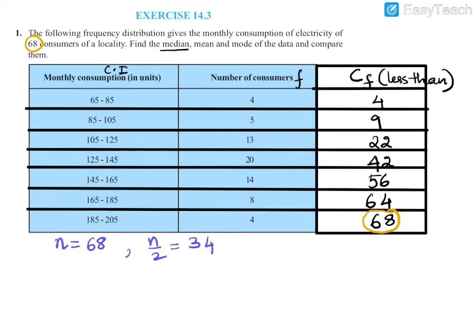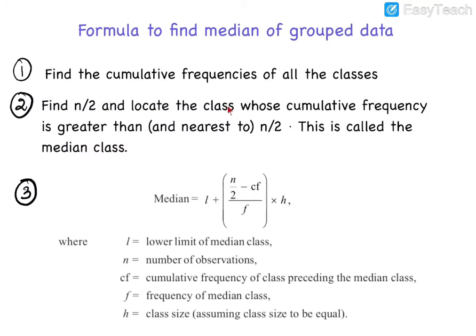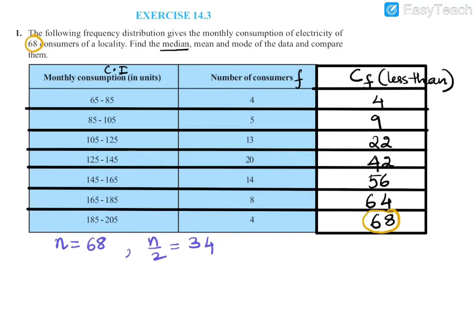The second step is to find the median class. Median class is the one whose cumulative frequency is greater than and nearest to n upon 2. So we have calculated n upon 2, which is 34. Now we have to look in the column of cumulative frequency and find the cumulative frequency which is greater than 34 but nearest to 34.